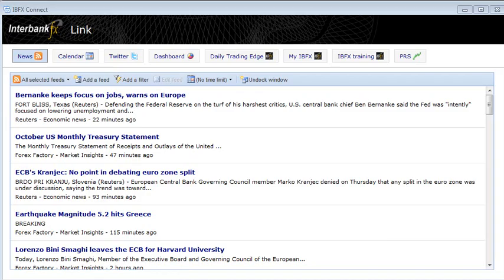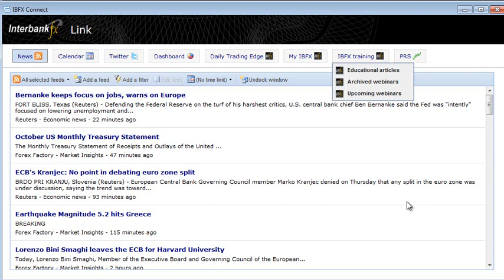So what I've done here is I've just brought up the IBFX Connect window. See that right up here? It's the IBFX Connect window, and this window will allow you to access a number of things right from within the platform. If you don't have this window up right now, you can take any chart and turn it into an IBFX window.